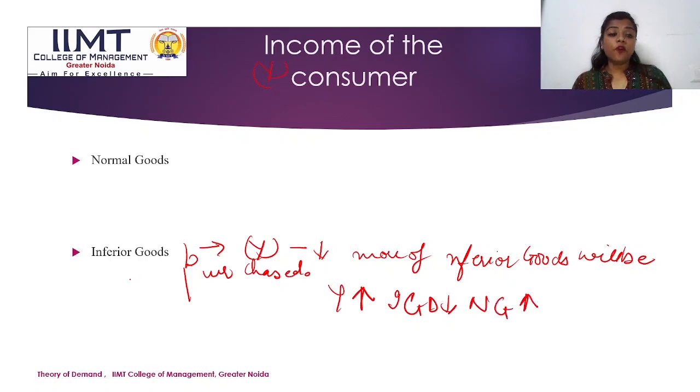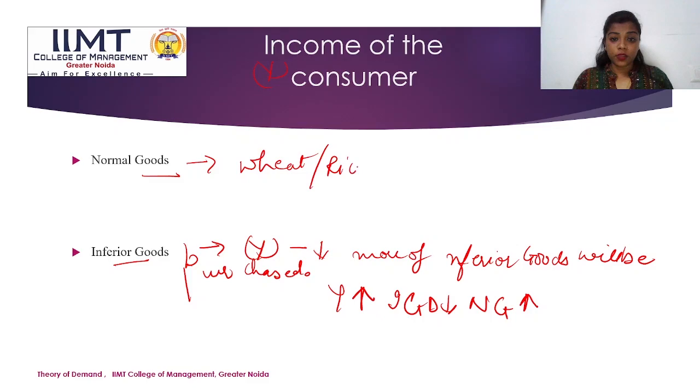First of all, we need to know what are inferior goods and what are normal goods. Normal goods will be wheat, rice or pulses. Inferior goods will be jowar and bajra.